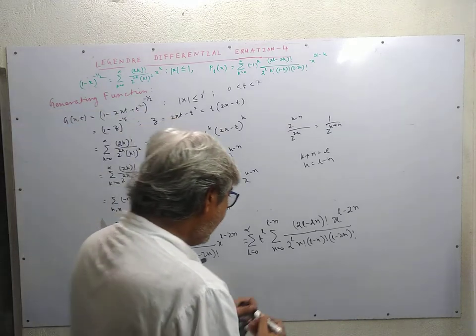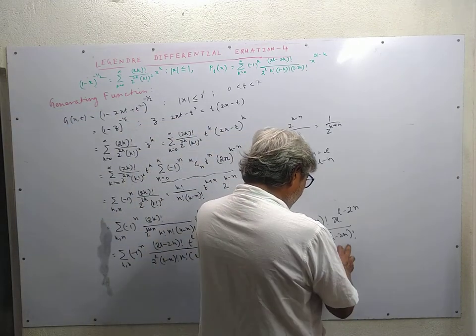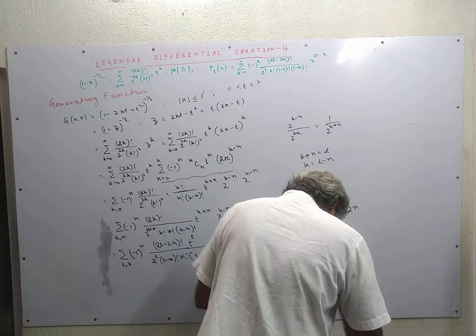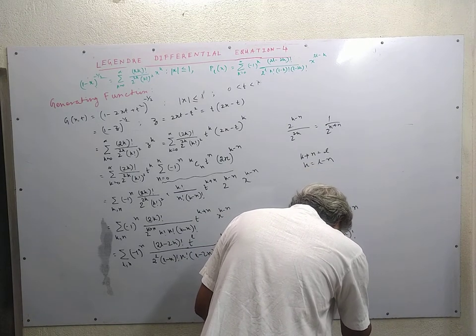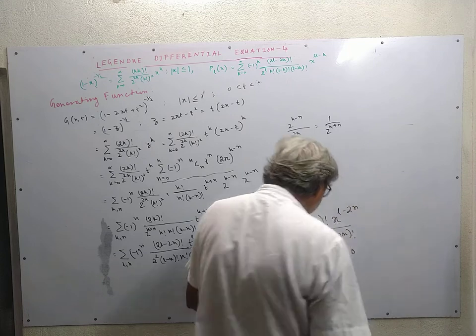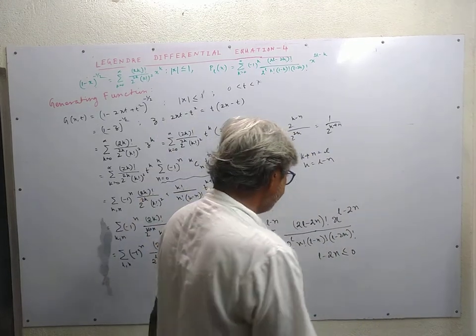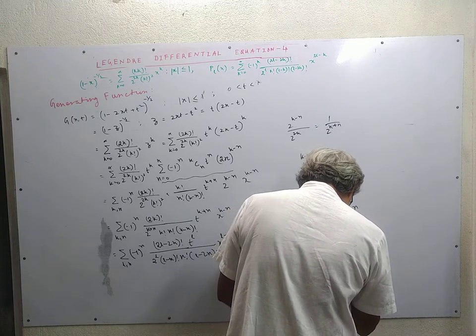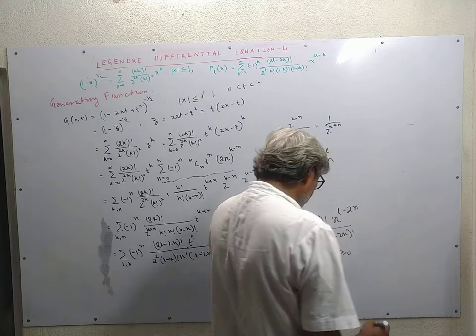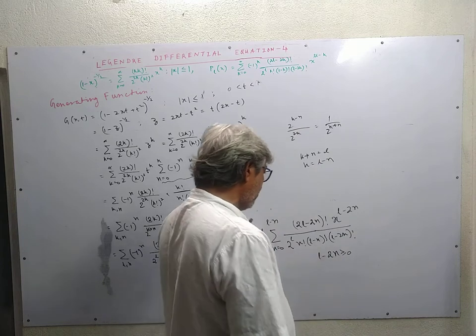When n value is such that L minus 2n must be greater than or equal to 0. So there is a restriction on the n value.